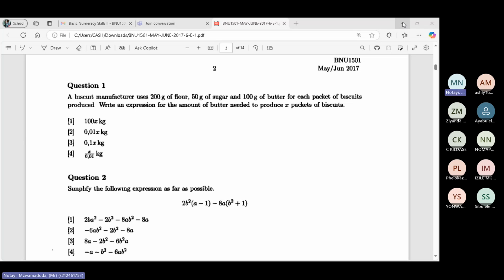Okay, is it up, guys? Can you see it? Can you guys see the question paper?